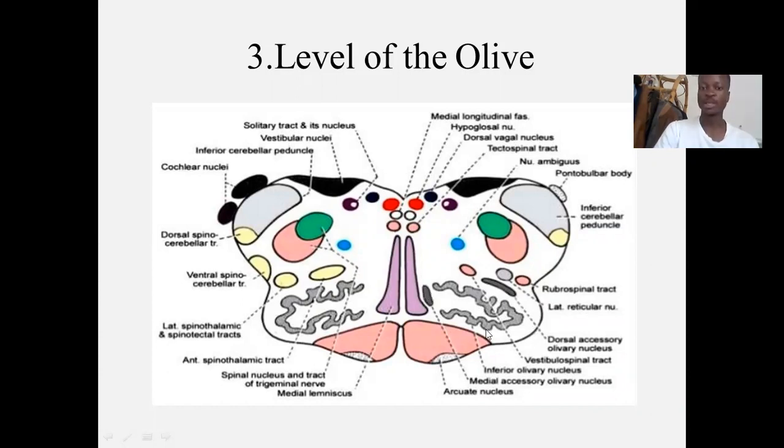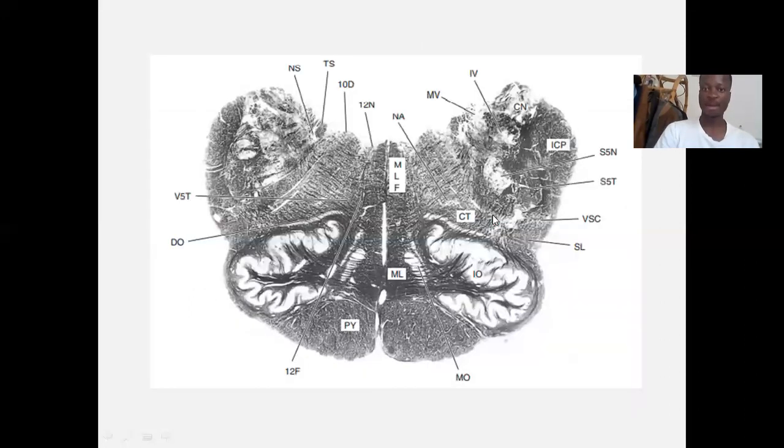Then dorsal to this olivary complex, you expect to have this lateral reticular nucleus, which also has connections with the cerebellum, right? It's actually also going to be related to your spinal lemniscus, which is being formed, of course, from the spinothalamic and the spinotectal tracts, right? Then, if you look at it from this kind of view, these are going to be your pyramidal tracts.